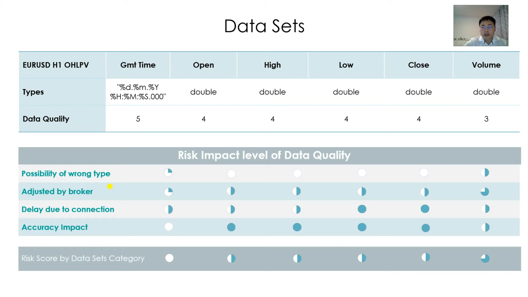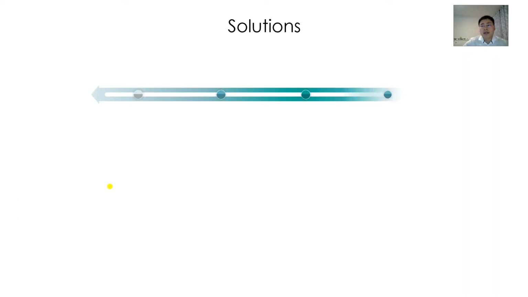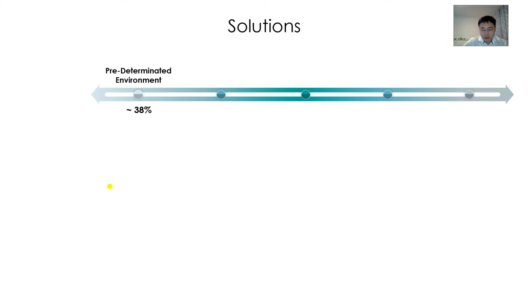The volume is a big issue because no broker in the market could offer a high accuracy number of volume in forex trading, and the total risk of the data gathering process comes from the broker, not from local, not from the model, not from the indicators, but from the broker. For the solutions, I built 5 different models, actually 6.